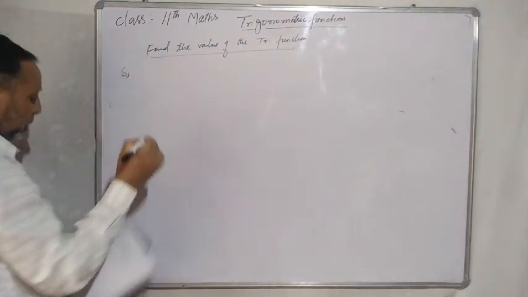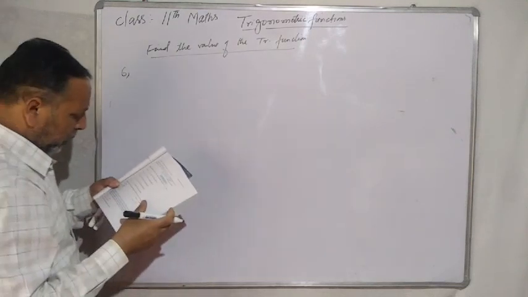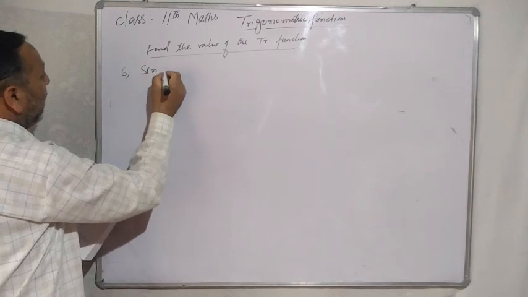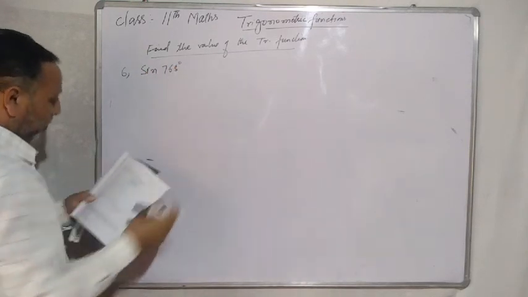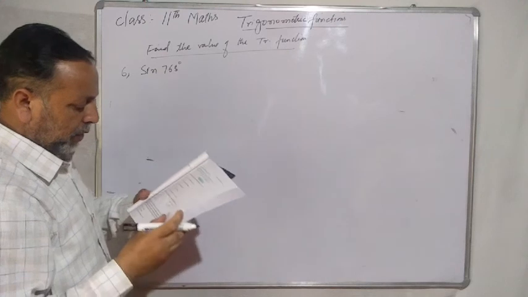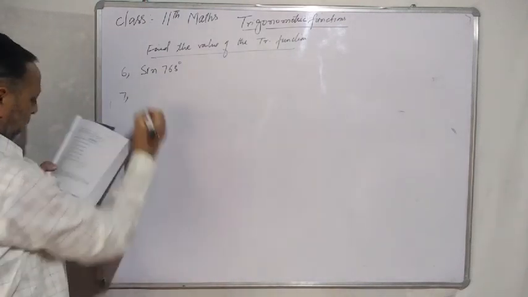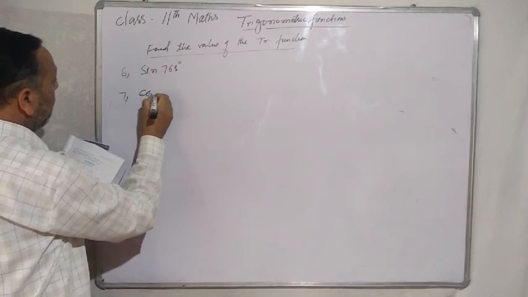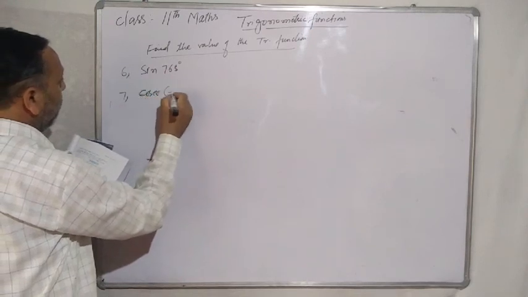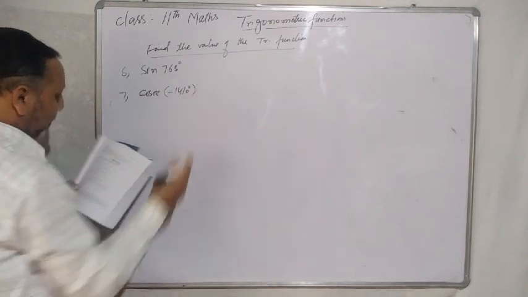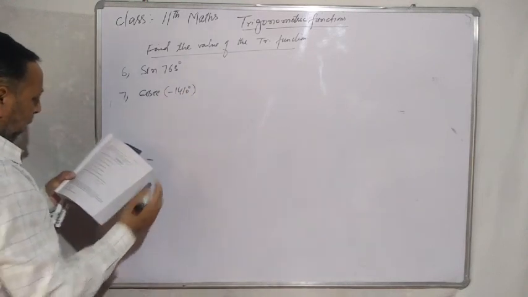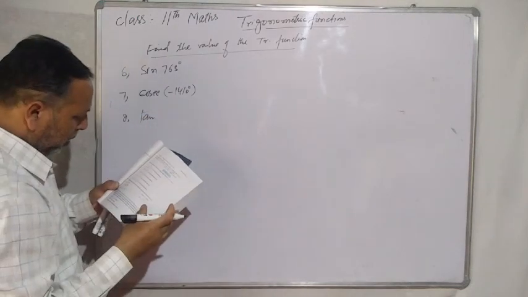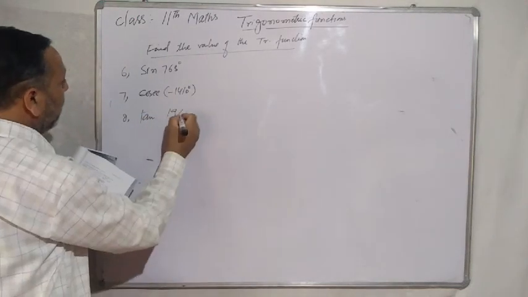Sixth question. It is sine 765 degree. Seventh is cosec minus 1410 degree. Then eighth is tan 19 pi by 3.